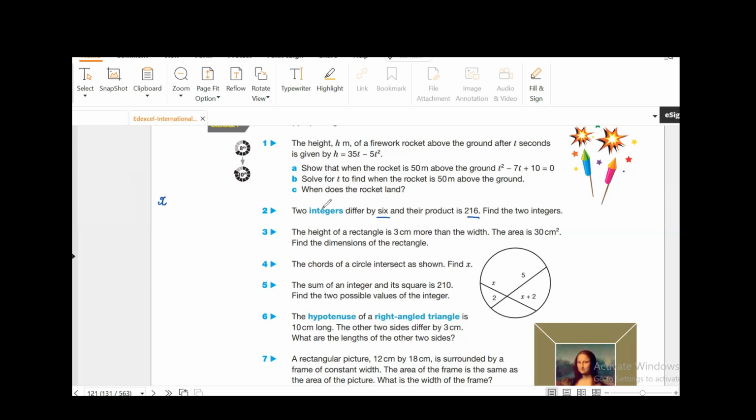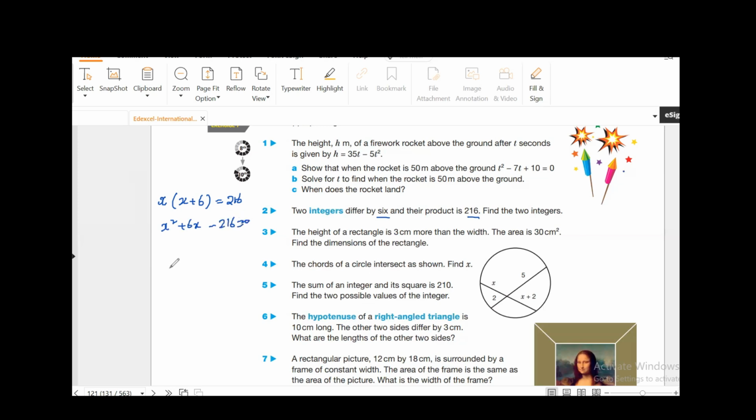Then they say the product, so x times x plus 6 is equal to 216. We multiply x inside, so x squared plus 6x. Take negative 216 from right to left.